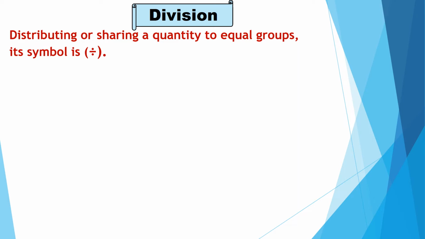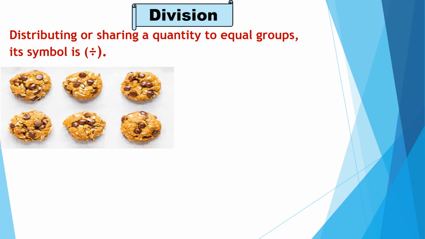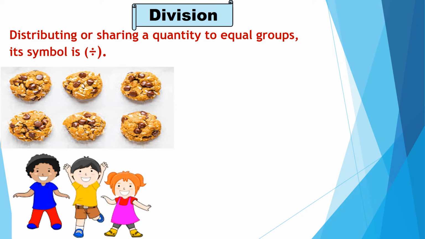We have here an example to know how to divide together. We have 6 cookies, and we have 3 kids. We want to distribute these cookies equally.